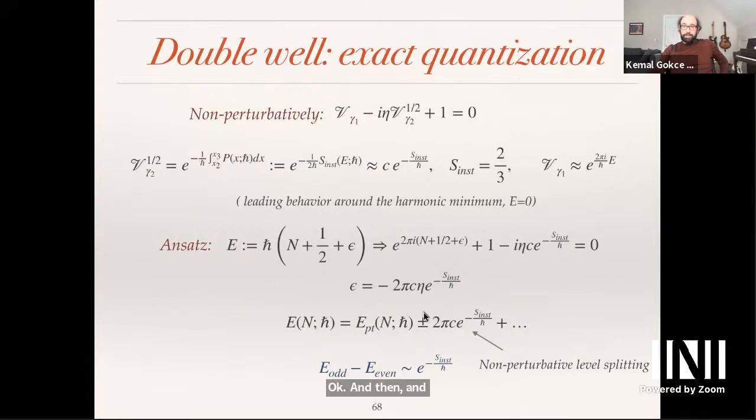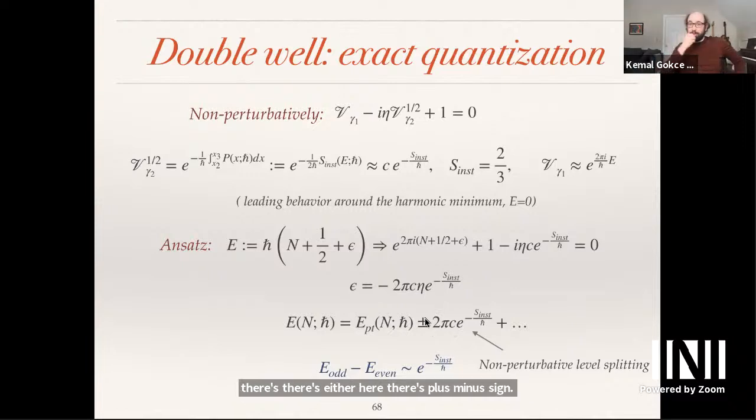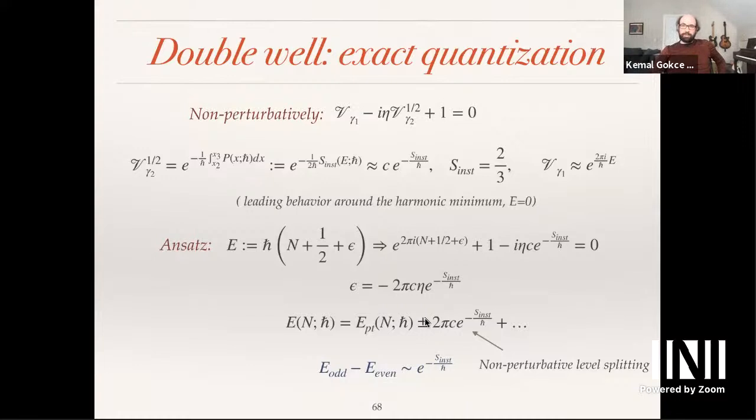Then I can obtain the first order exponentially suppressed corrections. And you see, there's eta here, a plus minus sign, so this does depend on the parity. In fact, the physical spectrum of the level well is not degenerate. There's level splitting between odd and even levels.